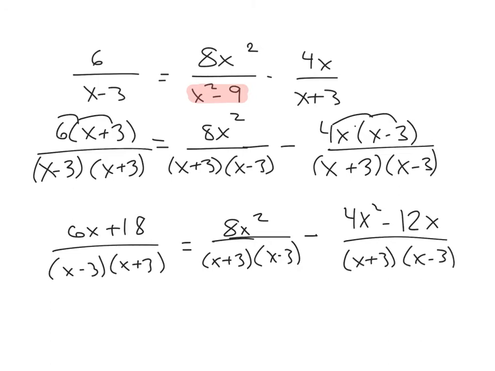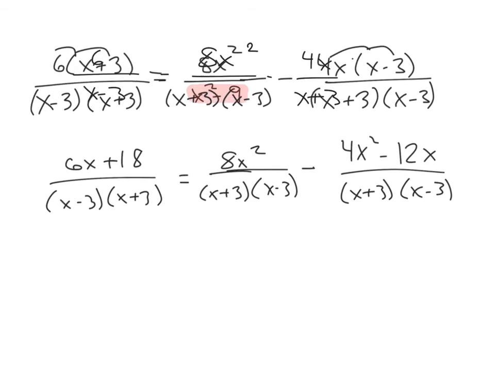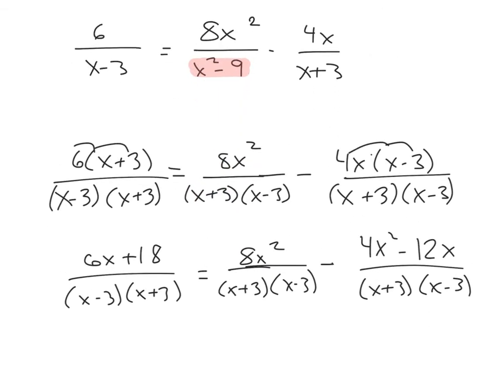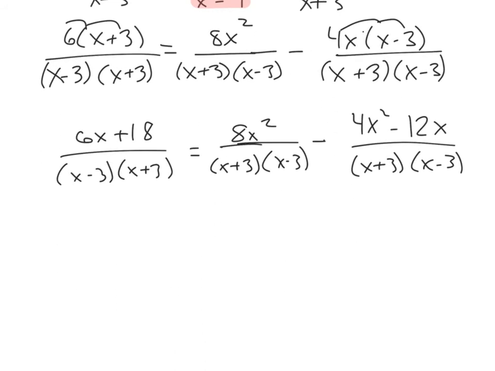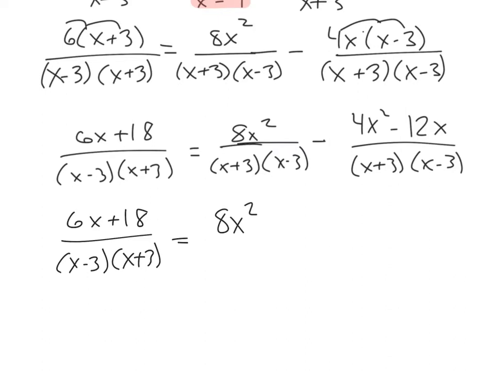Alrighty, now let's go ahead and combine my numerators, okay? And I'll move everything up. There we go. So looking at this right here, I've got my 6x plus 18 all over x minus 3, x plus 3 is equal to 8x squared. Now you have to understand that we need to go ahead and distribute this negative to each one of those terms, okay?